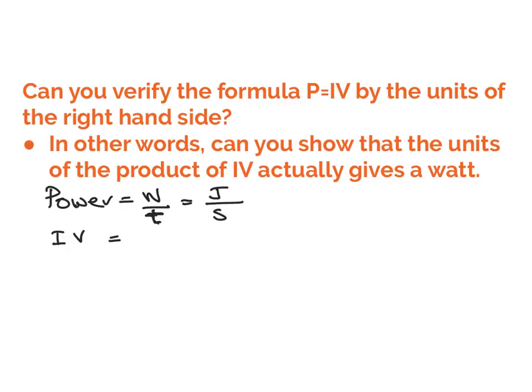So let's have a look at this derivation. You can pause the video now and give it a go for yourself, and come back and see if you can get from IV here to joules per second. That's what we want in this particular case. Okay, hopefully you succeeded there.